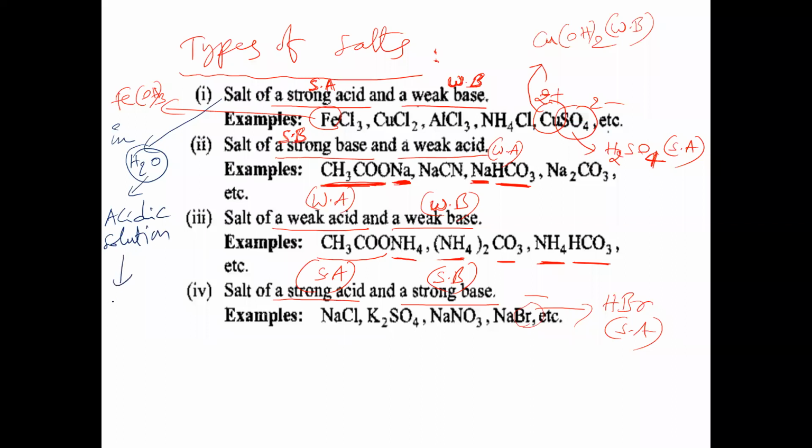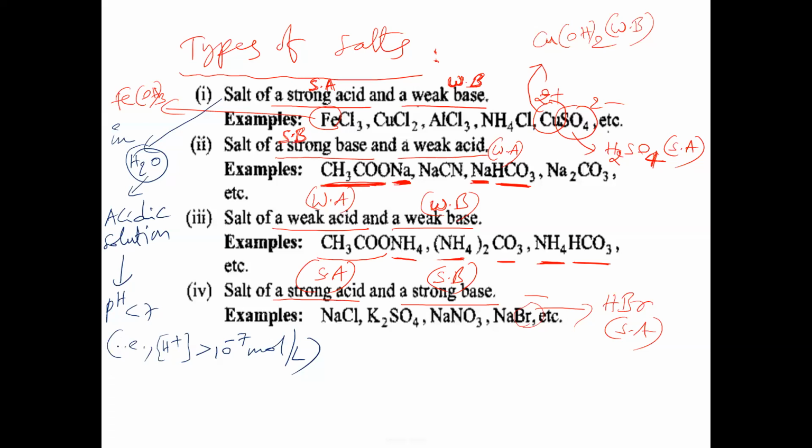pH will be less than 7 here. pH less than 7 means that the H plus ion concentration will be greater than 10 power minus 7 moles per liter.